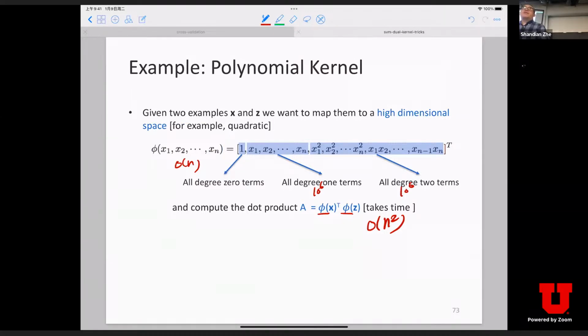If you do third order polynomial feature mapping or fourth order polynomial feature mapping, you can imagine your mapped feature vector will grow like n cubed, n to the power of 4, and n to the power of 6, right? That is growing really fast. If you then do the dot product, you can imagine how costly it is, right?